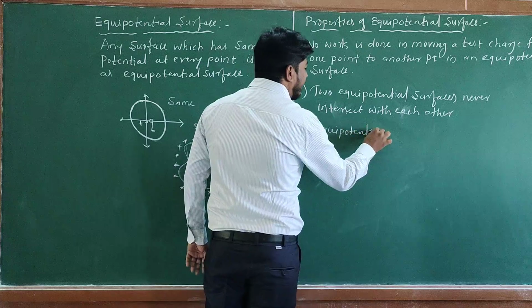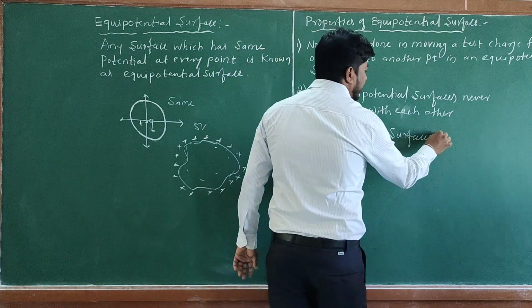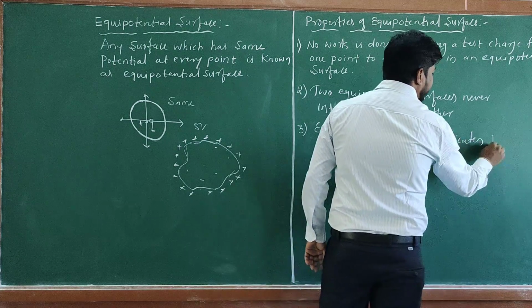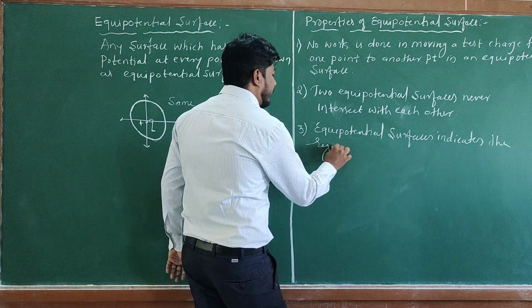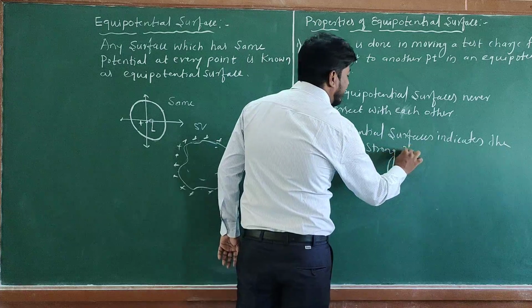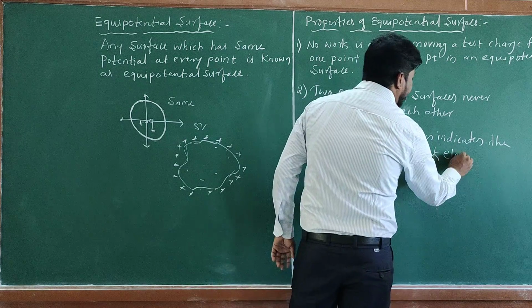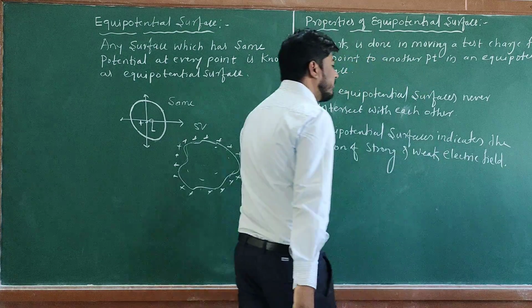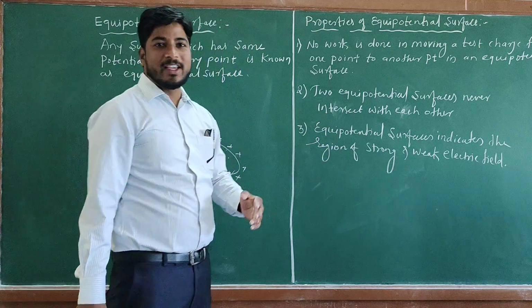Equipotential surface indicates the region of strong and weak electric field.